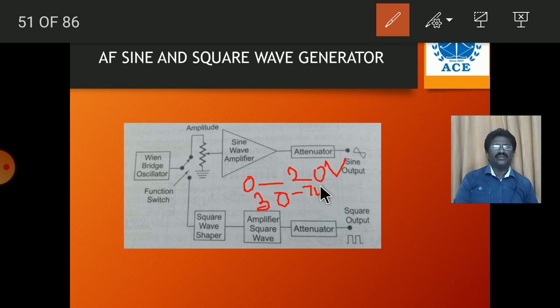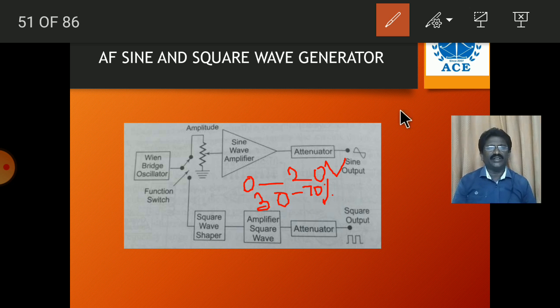To generate a square wave you should maintain a duty cycle of 50%. If it is below 50% or above 50%, it is not a square wave but a rectangular wave.